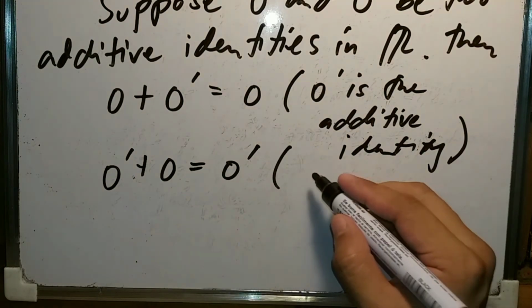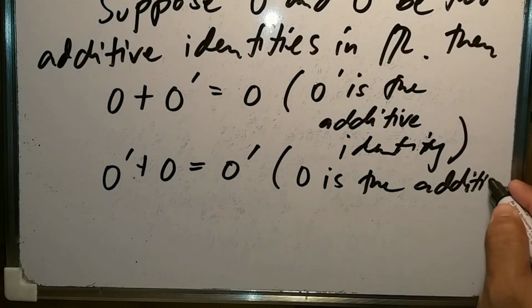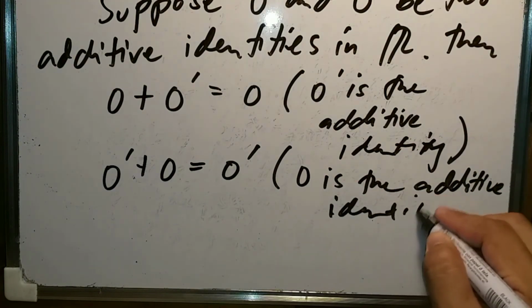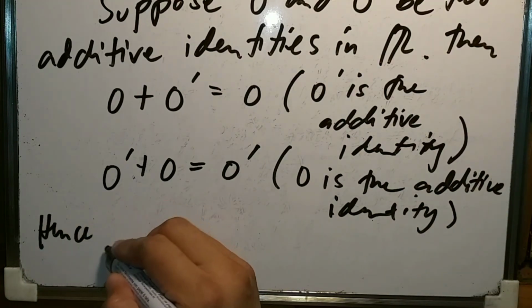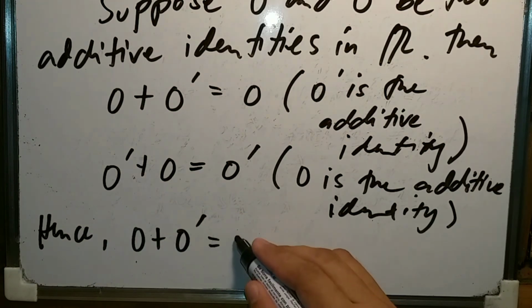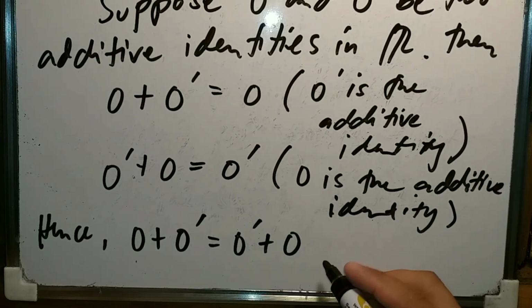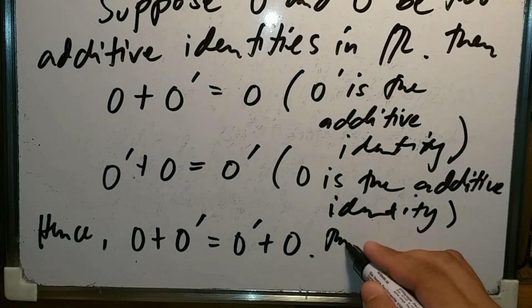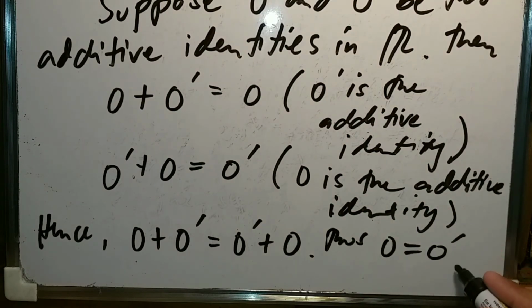For this statement, 0 is the additive identity. So hence, we may write 0 plus 0 prime equals 0 prime plus 0, since addition is commutative. So thus 0 equals 0 prime. So end of the proof.